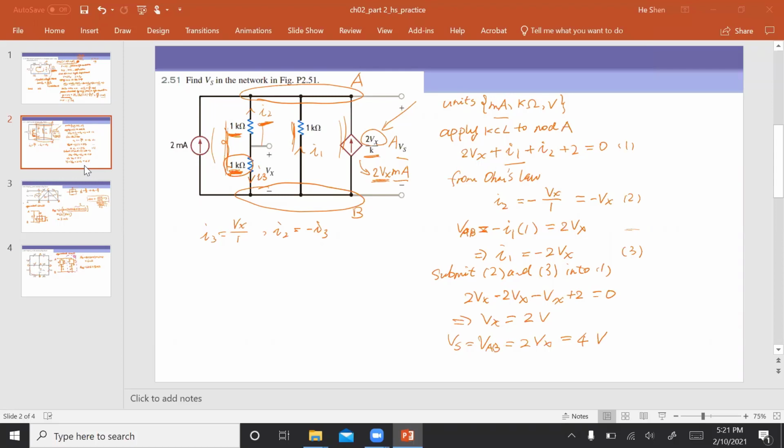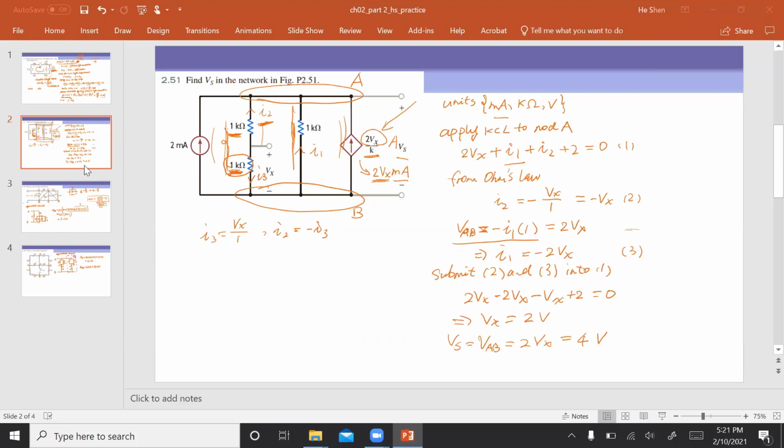So I find that voltage by using Ohm's law on this branch. But since all the branches are connected between node A and node B, why are you just doing it through the middle branch? You can do it from any branch. The voltage is the same for all these different branches. The voltage is defined between nodes because this is a one node pair.